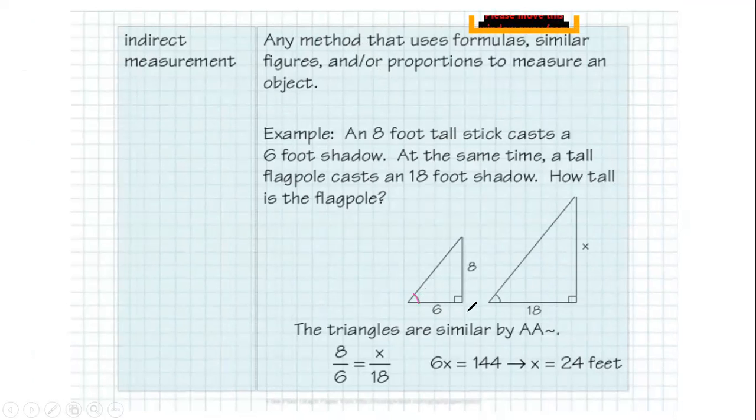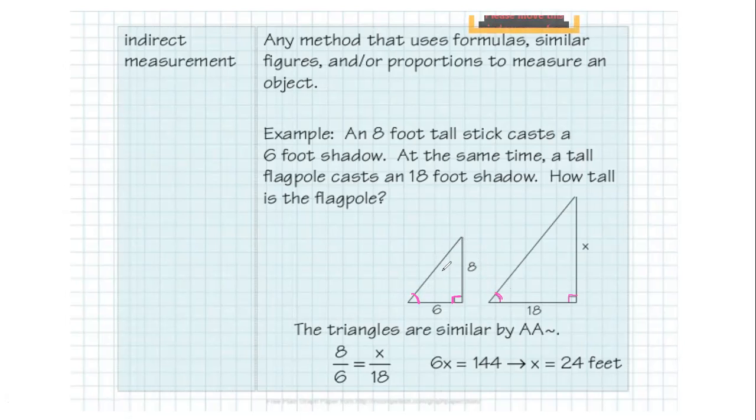For example, this angle here is similar to this, and also this angle here is similar to this, and these angles occupy the same positions in the two triangles. So these triangles are said to be similar triangles because they share similar angles in the same positions.